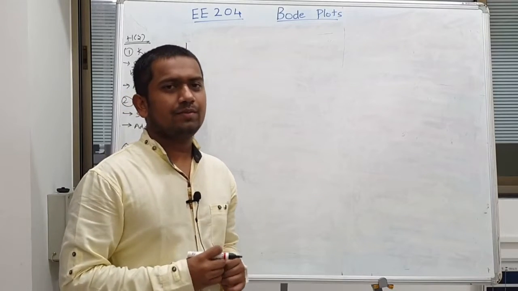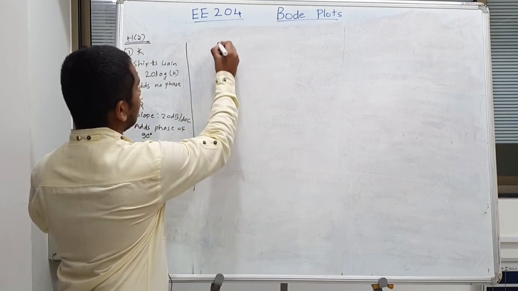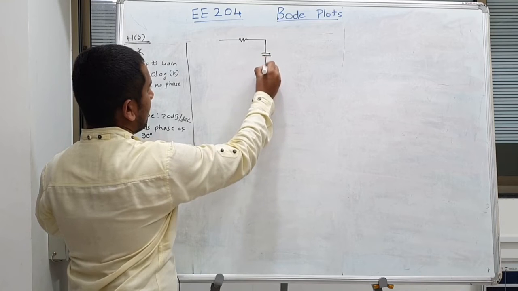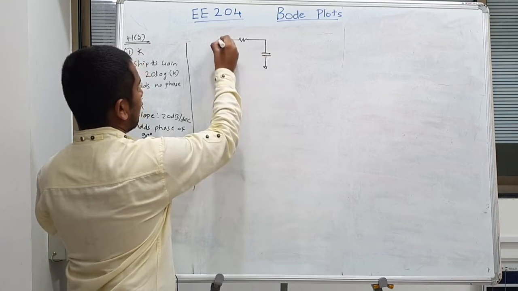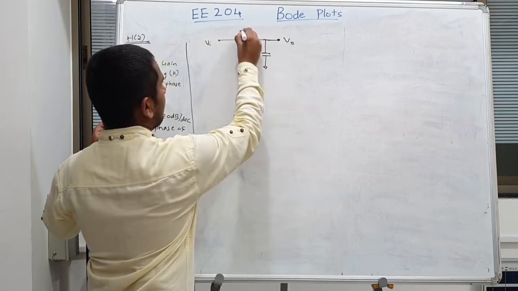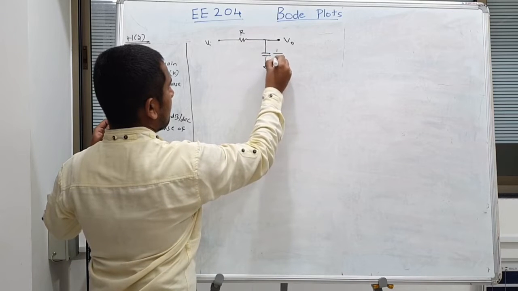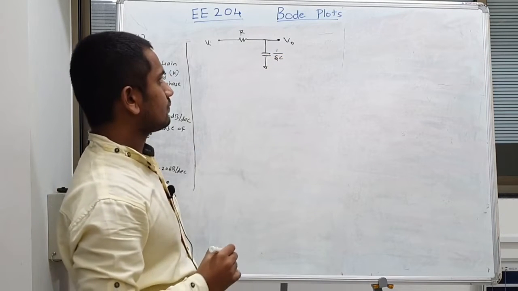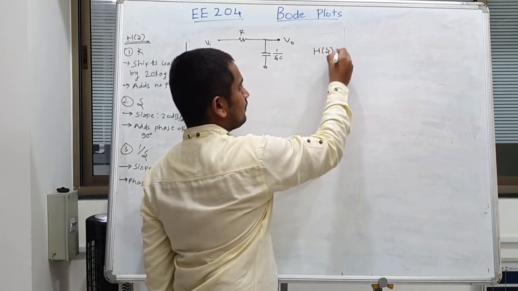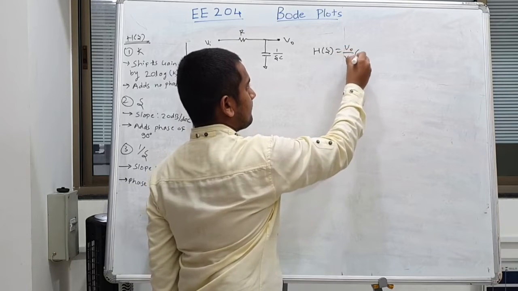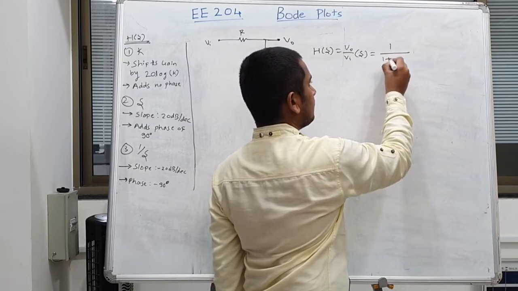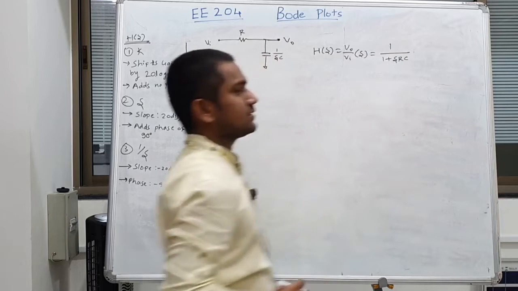Now let's start with a basic RC circuit. The transfer function of this RC circuit is 1 by 1 plus sRC.